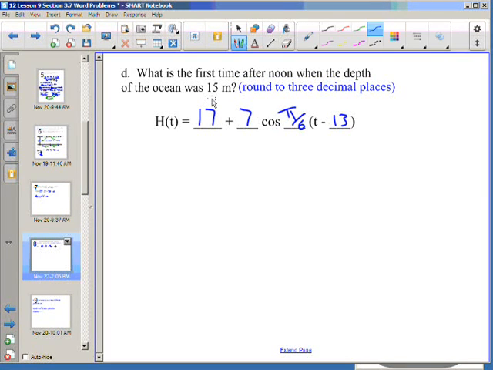This time we want to find out the time after noon when the depth of the ocean was exactly 15. So we're going to set our equation equal to 15 and undo some operations.